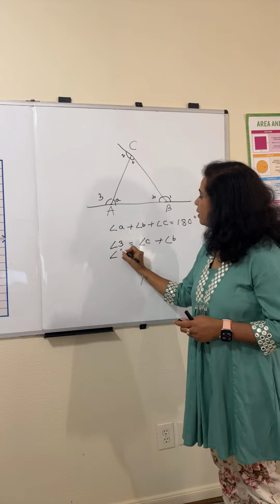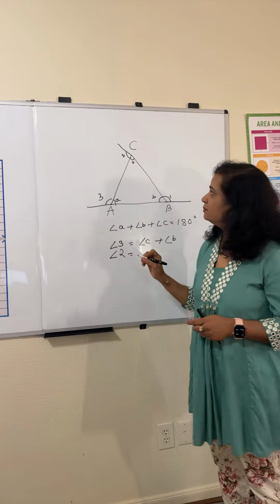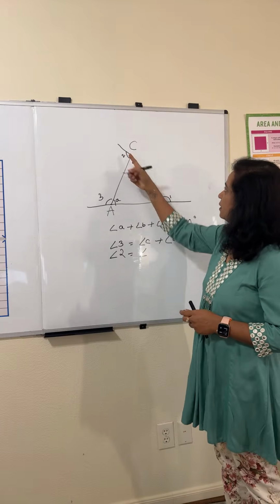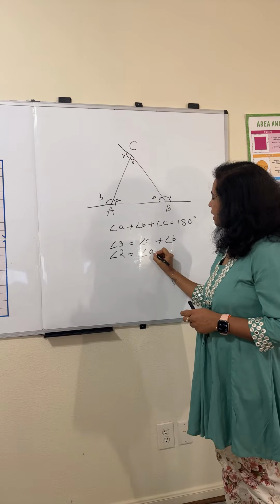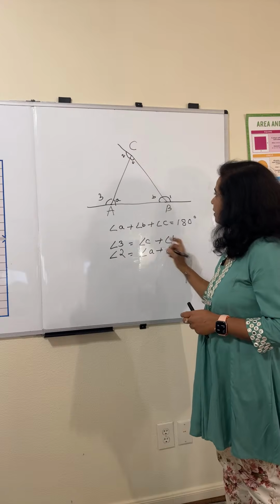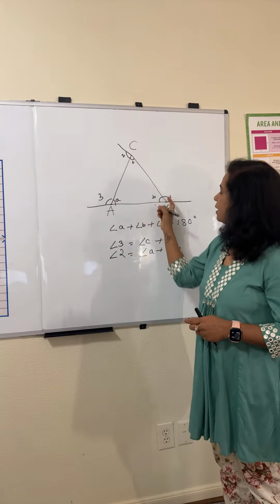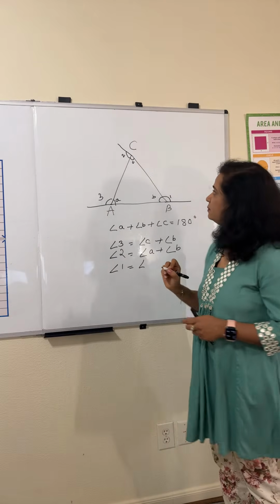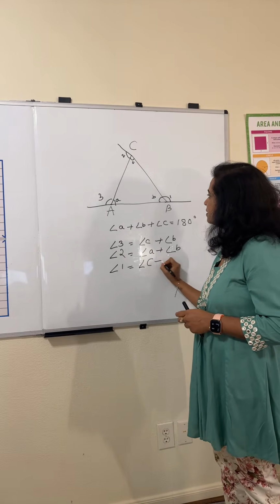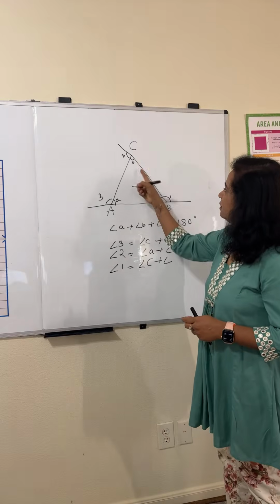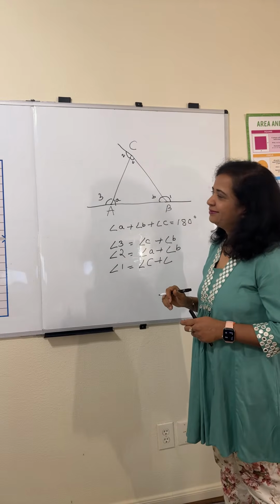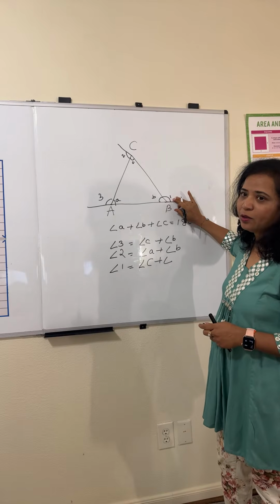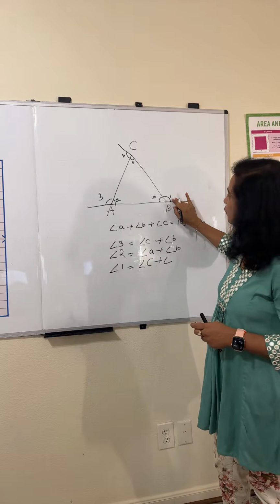Can you tell me what angle 2 is equal to? Sum of angle C plus angle A plus angle B? Correct, the opposite angles, right? What about angle 1? Angle C plus angle B. Correct. And what are the two opposite interior angles for angle 1?